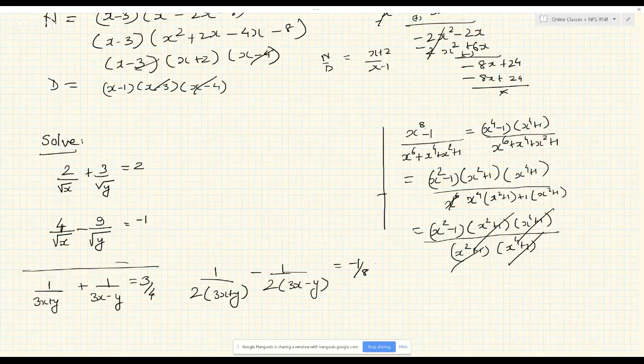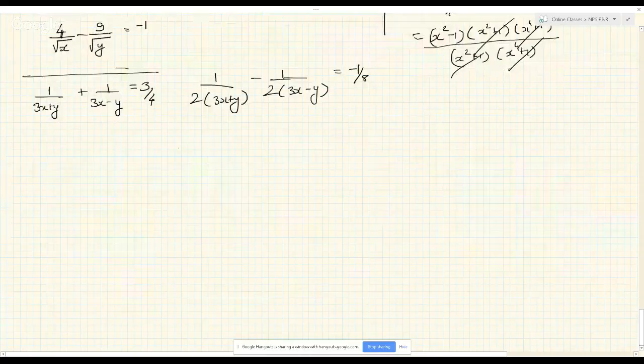Yeah, x is 1, y is 1. Ronak, how did you get 3? Good. So let us proceed.